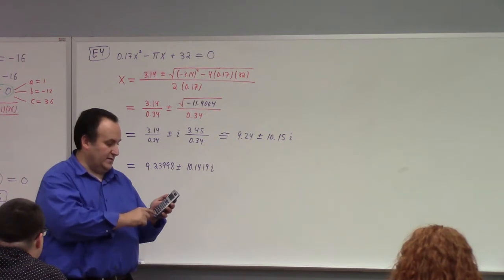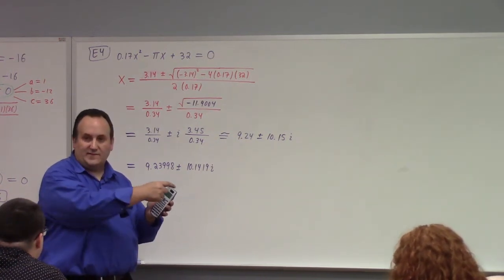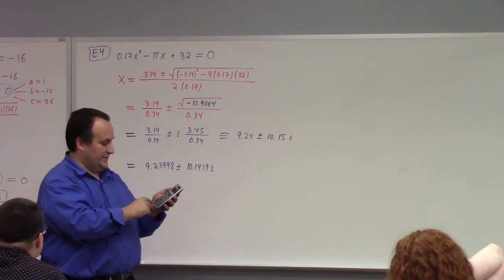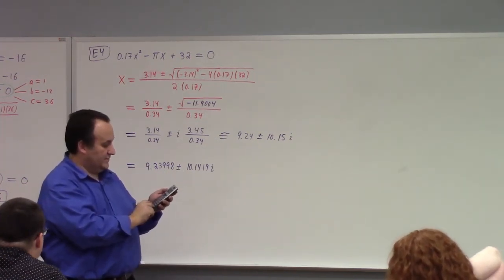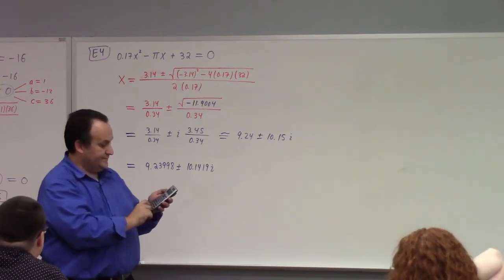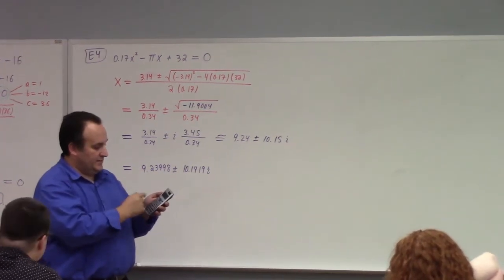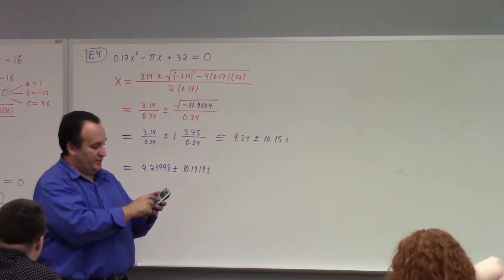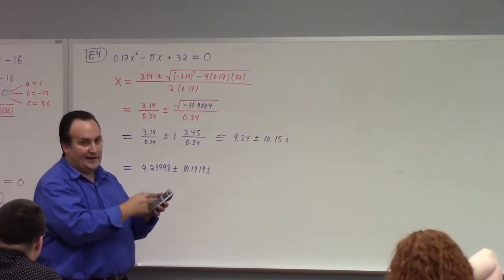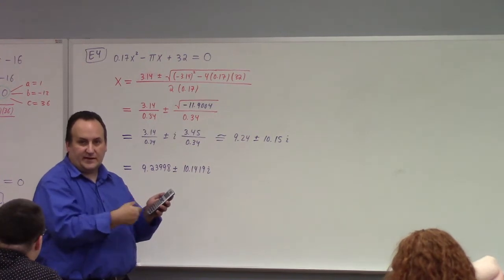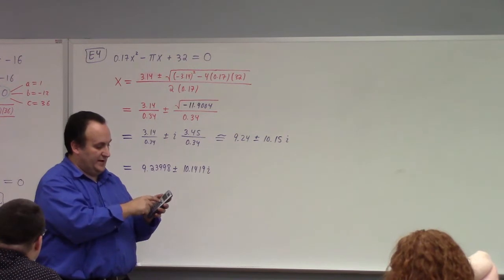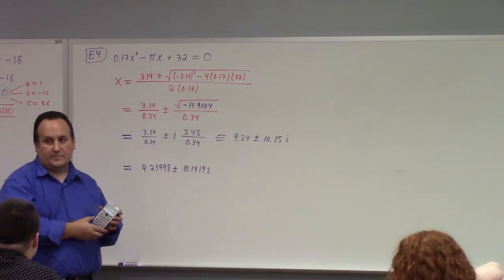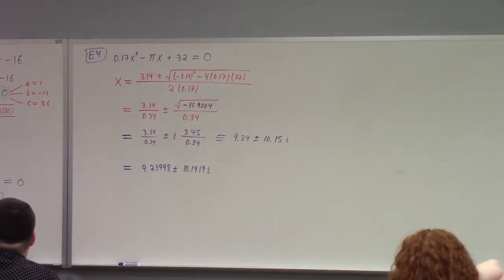I hit 3, and then if I just put in A, B, C, in this case 0.17, minus pi, there's a button for pi on this thing, and 32, it spits back out at me 9.23 plus 10.14899792i for the first answer, and then I hit enter again, it gives me the second answer, the same 9.23 minus 10.14899792i.